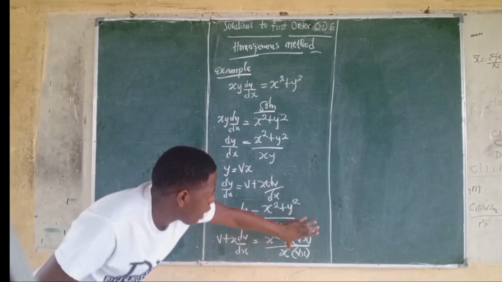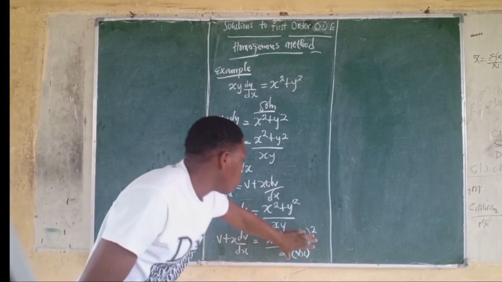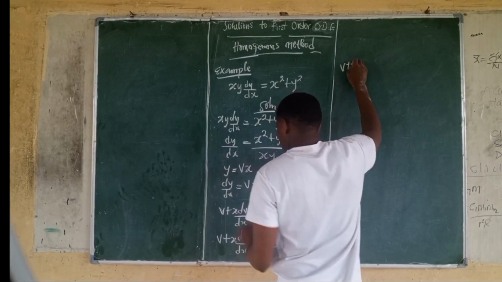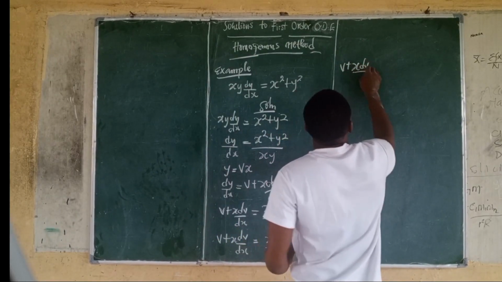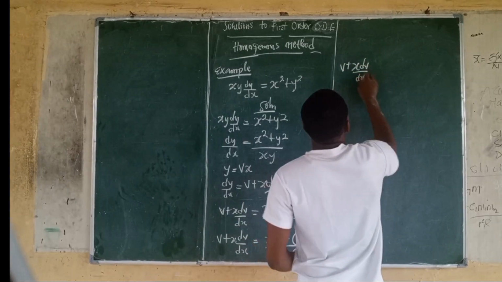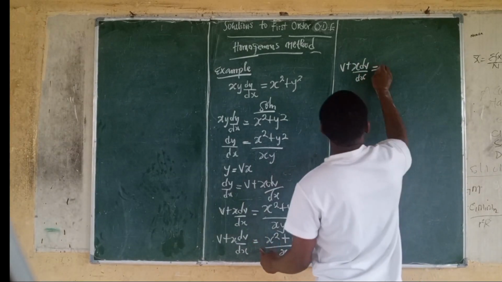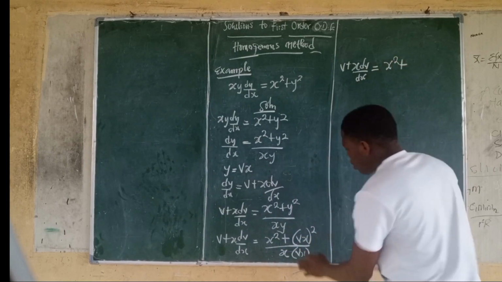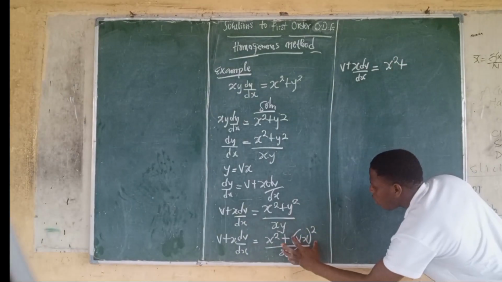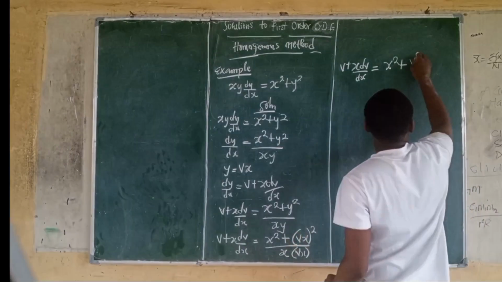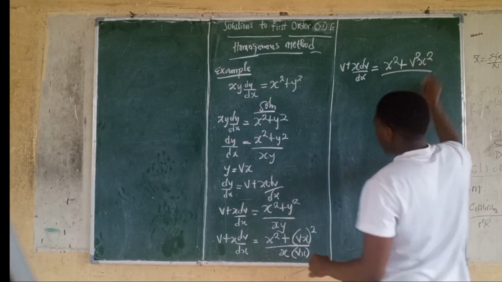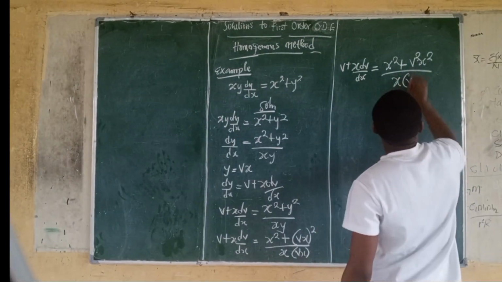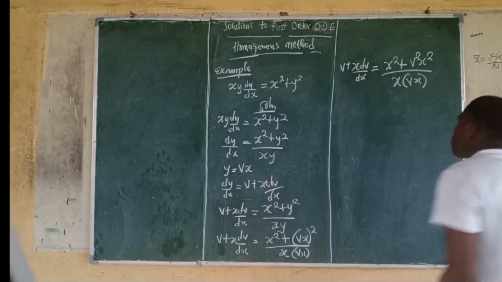So we can simplify this. Simplifying what we have on the right hand side, we are left with v plus x dv over dx is equal to x squared plus v squared x squared over x bracket vx.